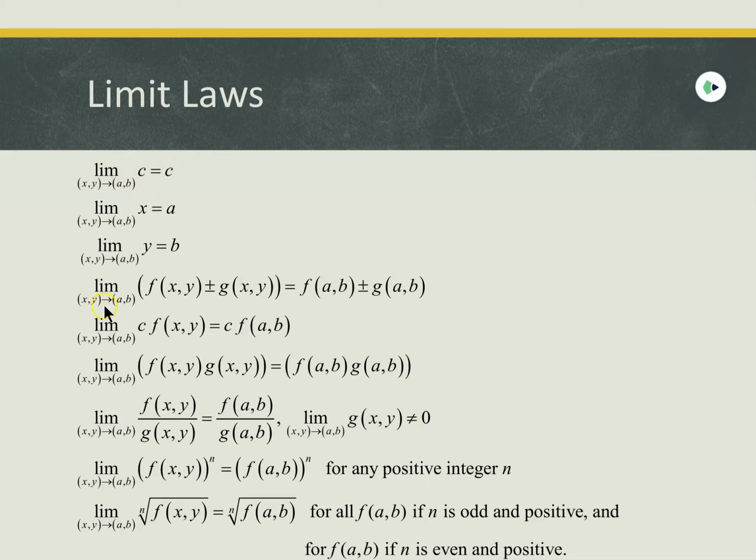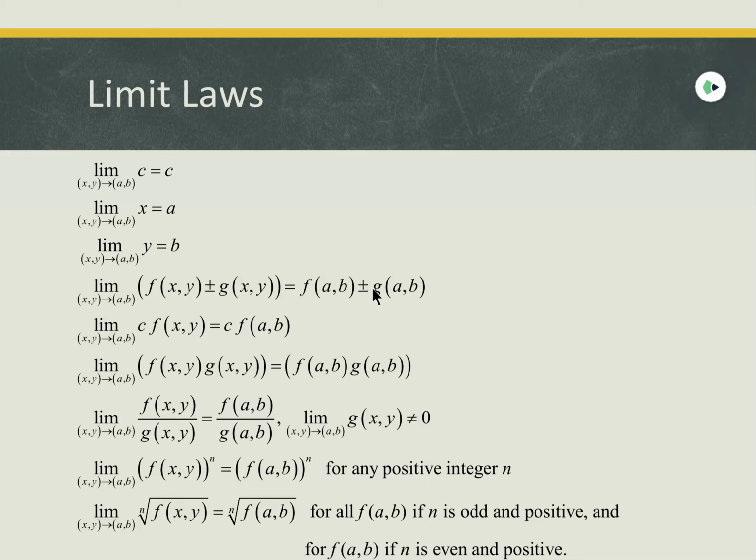The limit as xy approaches AB of a sum of continuous functions, we can simply evaluate both of those continuous functions and keep either the sum or the difference. So you might want to pause for just a minute here and make note of these various limit laws so that you can use them in the future.